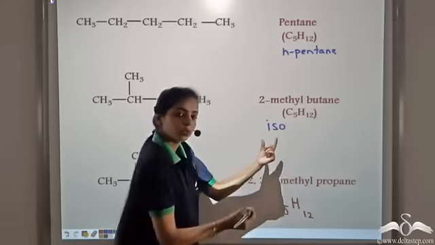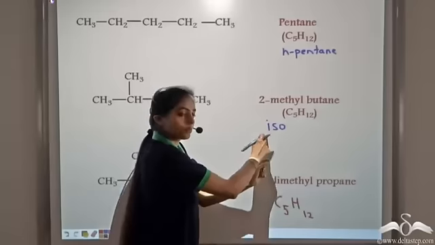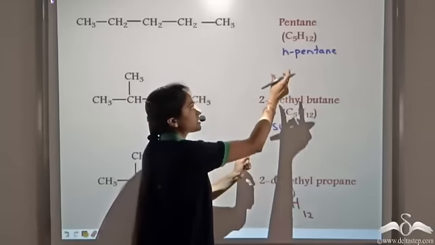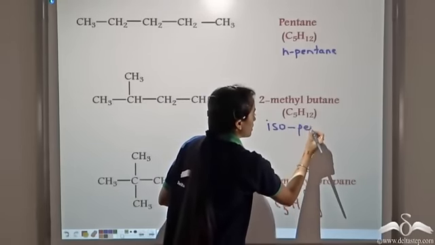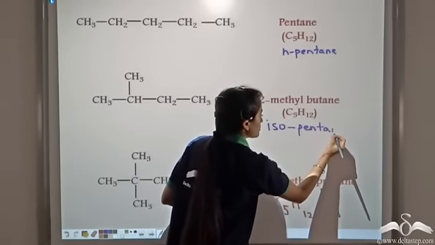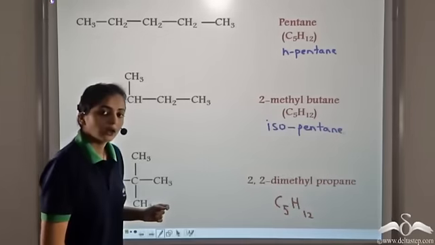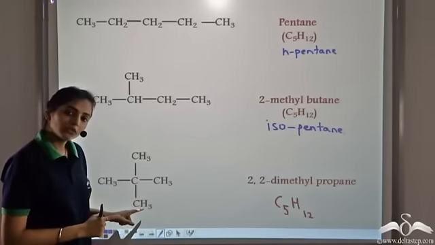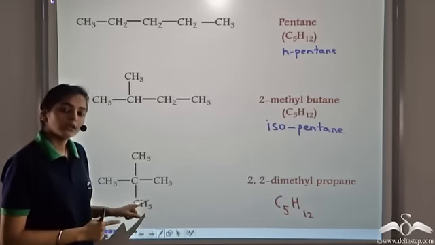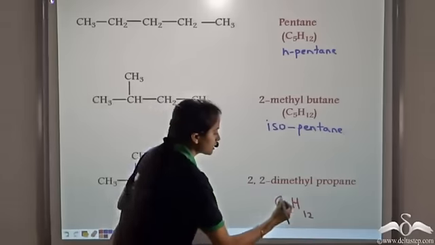We use the prefix iso, and since it is an isomer of pentane, we write isopentane. And in the third isomer, we have moved two methyl groups, and such an isomer is known as neo.